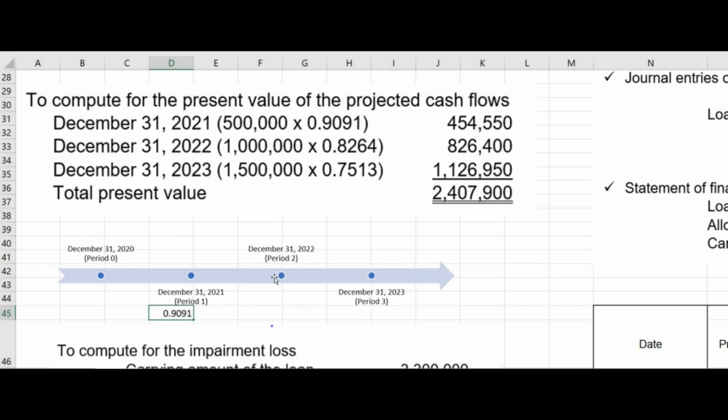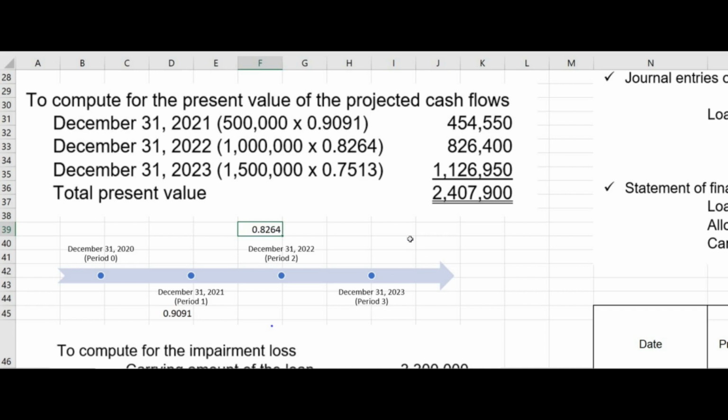For period 2, using the same formula except that this time it's period 2, you'll have 0.8264.